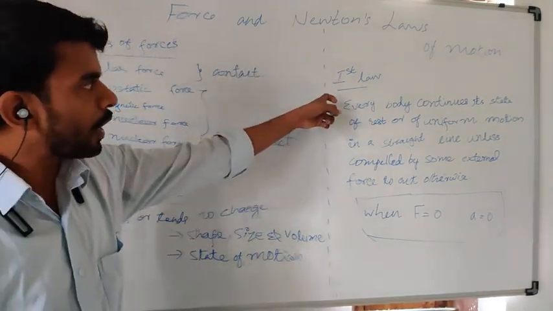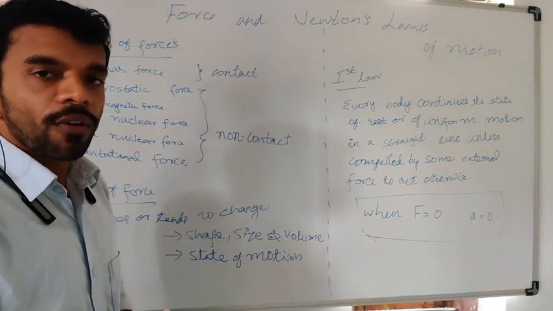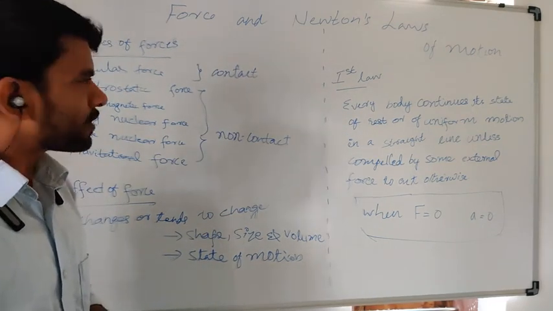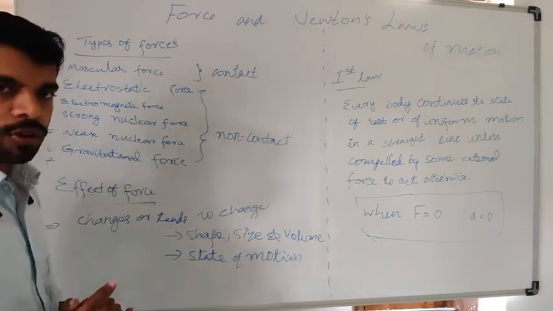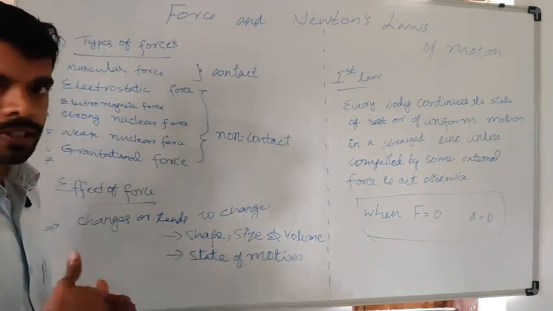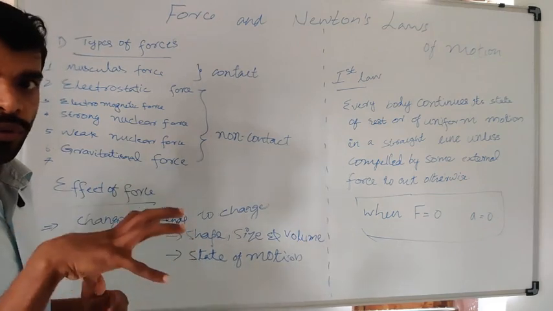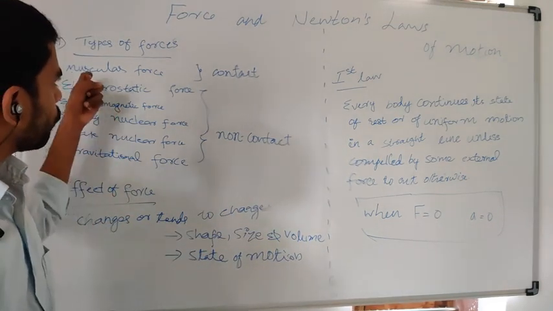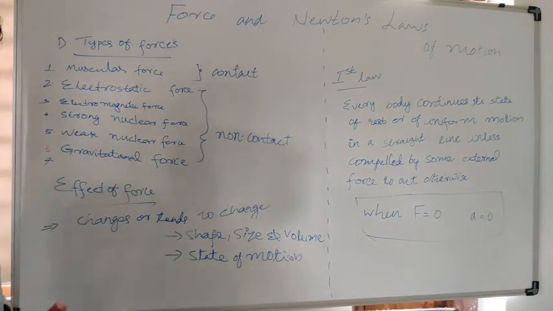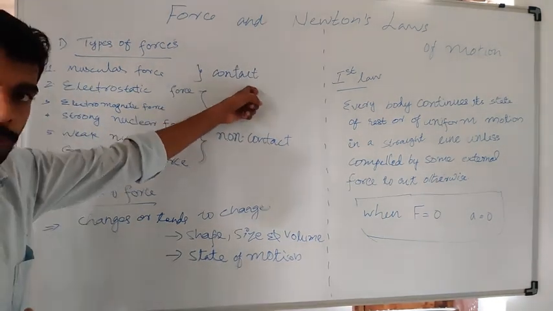Before explaining the first law, I have written something here. Muscular force: in order to apply the force ourselves, we need to touch it, we need to make contact. So contact is needed to apply the force. Such a force is known as contact force.